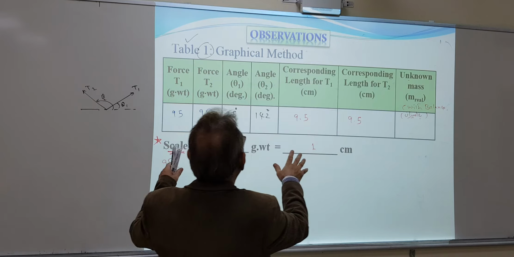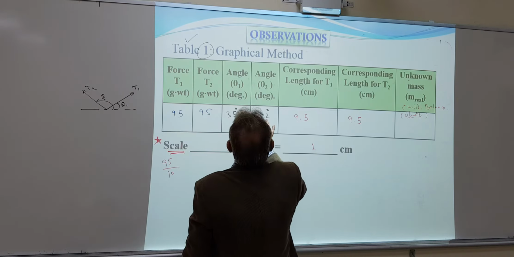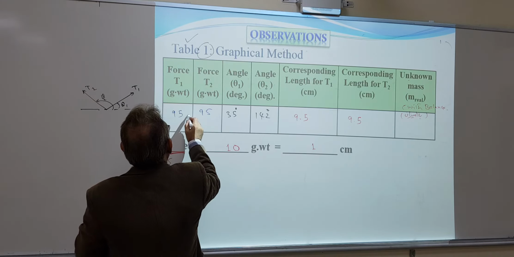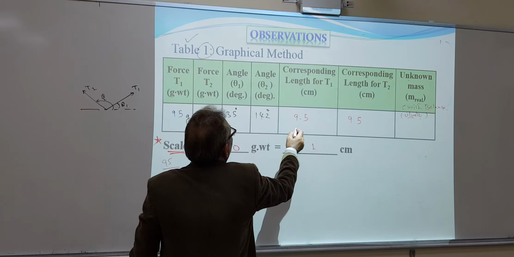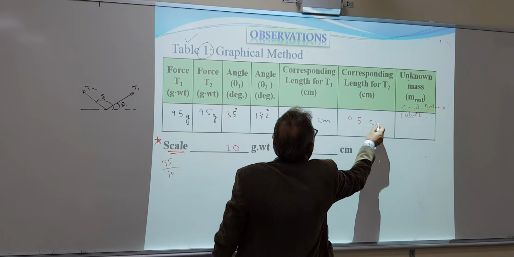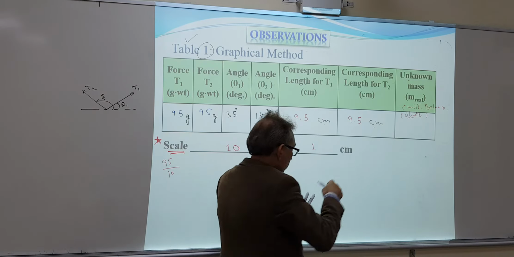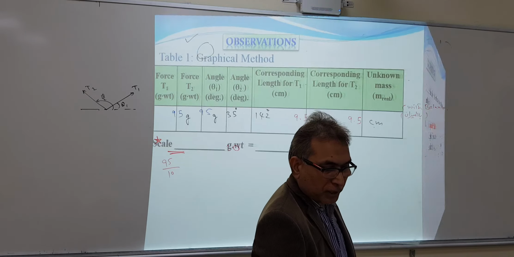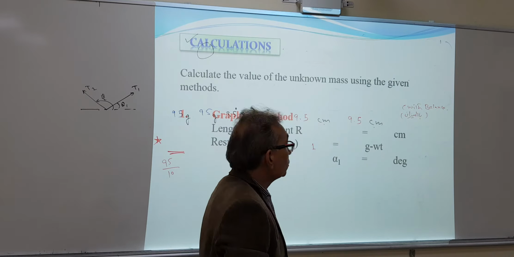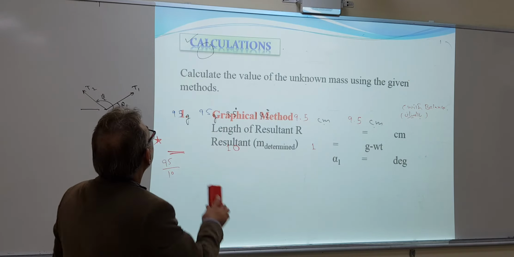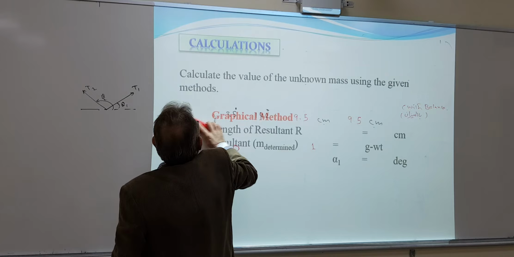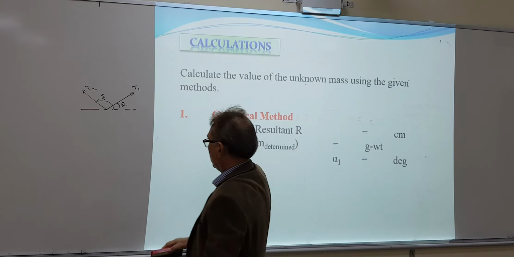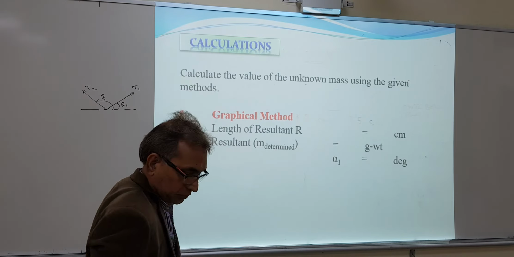Once you finish T1, T2, theta 1, theta 2, and T1, T2 in centimeter, up to here, then we draw our graph. I will show you shortly what we do. And then after that, you have to fill all these tables, right?